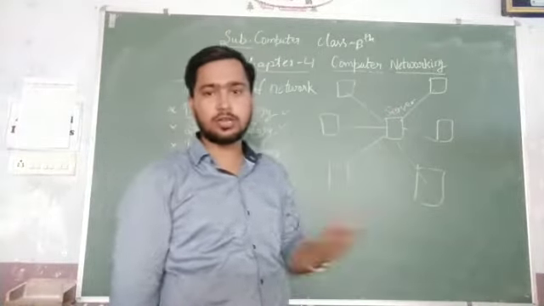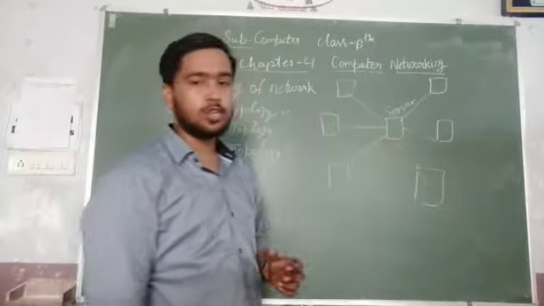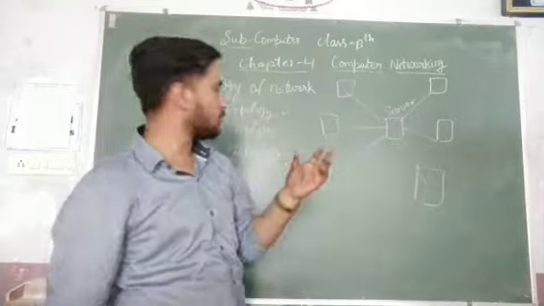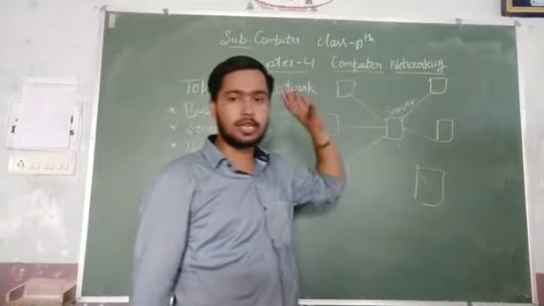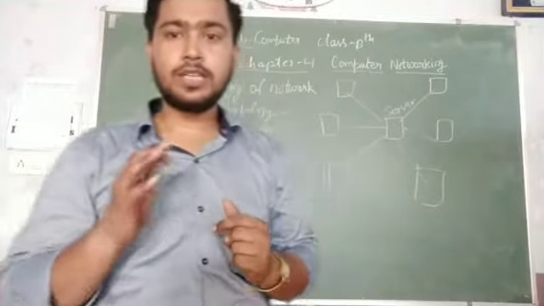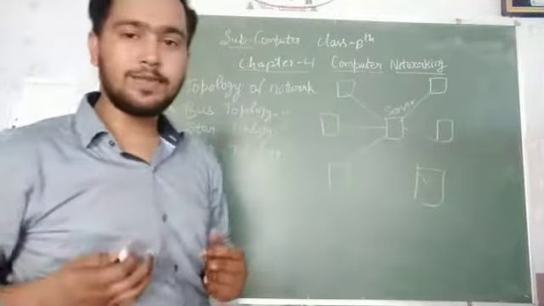So this topology is called star topology. If any node wants to send data to another node, it first sends the data to the server. Then the server sends the data to the node which is requesting the information.